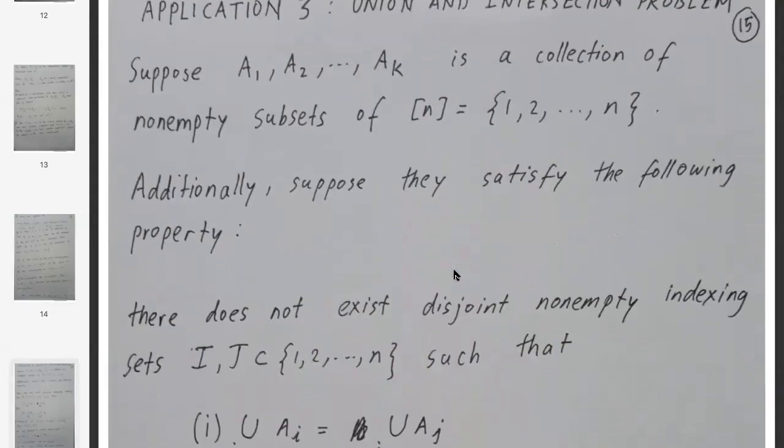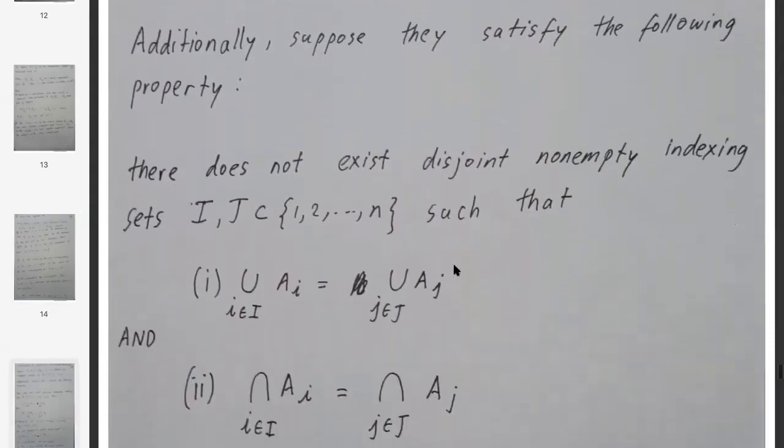Suppose a1, a2, ak is a collection of non-empty subsets of 1 to n, as before, and additionally suppose they satisfy the following property: there does not exist disjoint non-empty indexing sets I, J contained in 1 to k such that the union over I of ai is equal to the union over J of aj, and the intersection over I of ai is equal to the intersection over J of aj.